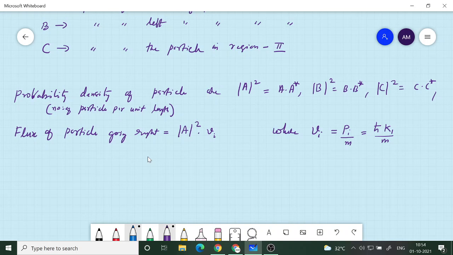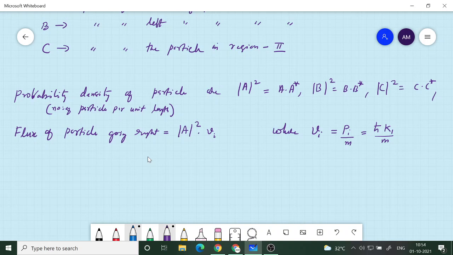So if I multiply the velocity with the probability density, I get basically the number of particles. Velocity has the dimension of meter per second, or length per time. So what will I get after multiplication?